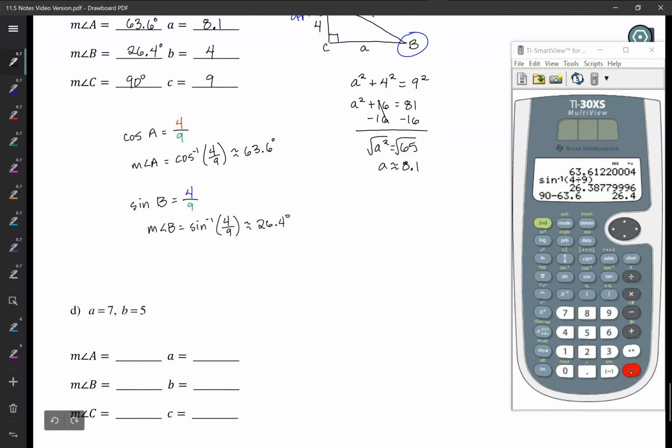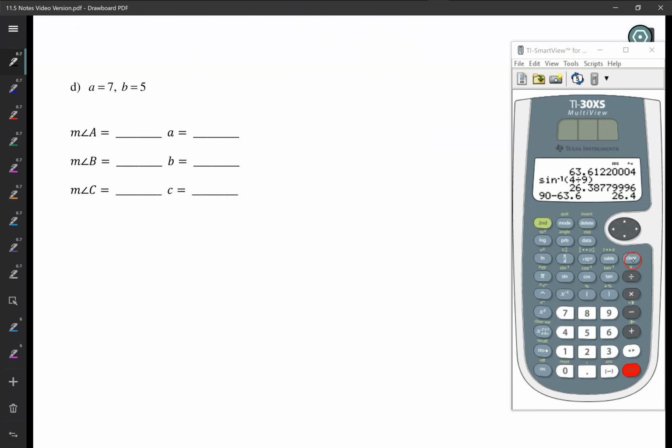Last example here. We're told that A is 7 and B is 5. So those are the legs. So let's see, if that's A, then this is angle A across from the 7. And the 5 is B, so angle B is across from the 5. And the C is across from the right angle.